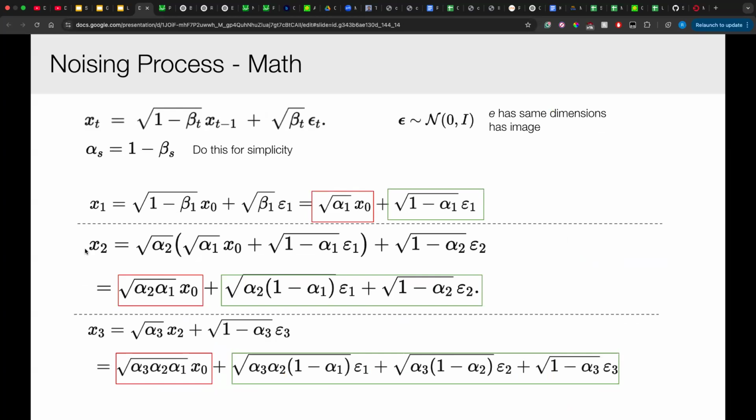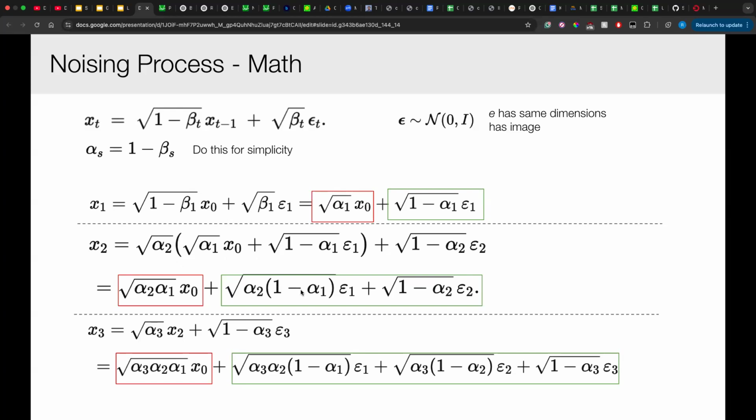Now if we consider x2, so if we were to then noise x1, we can substitute the formula for x1 into the formula for x2, and simplify it to get two terms. In red, we have the term relative to the first image x0, the unnoised image.